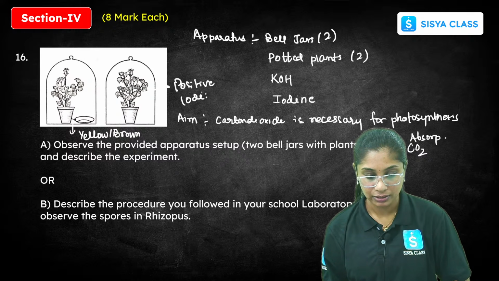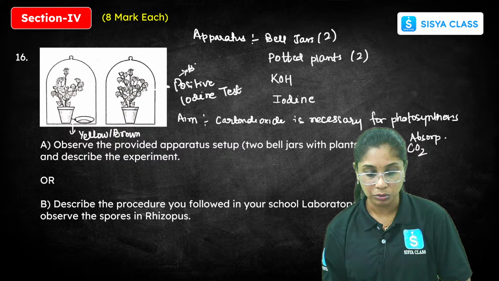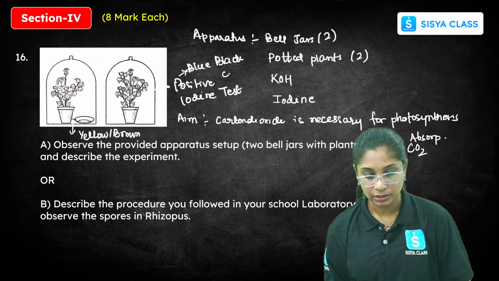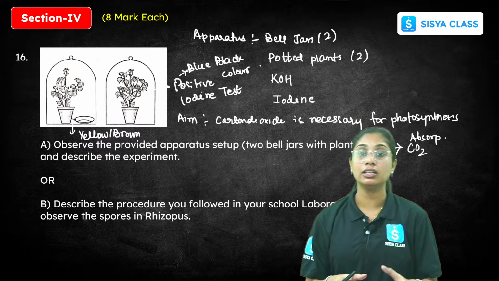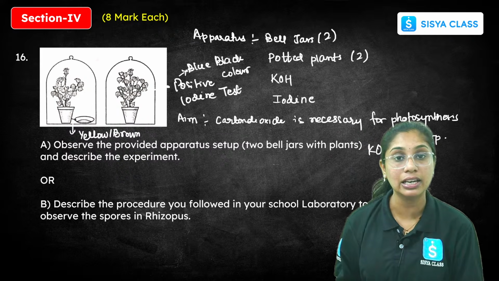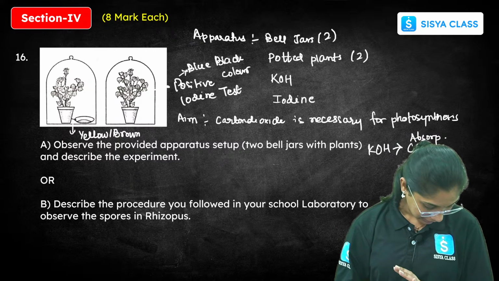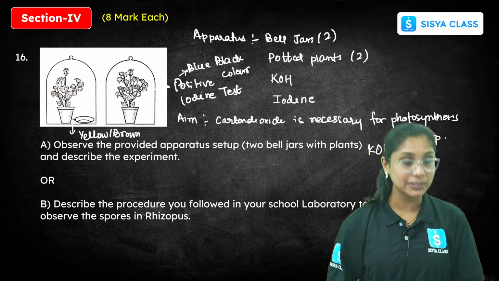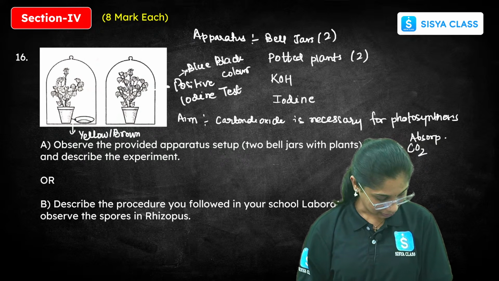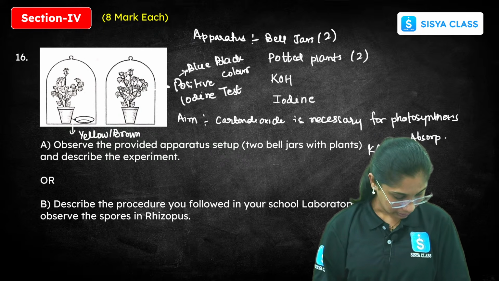A positive iodine test means it will show blue-black color. So from here, what can we conclude? We can conclude that carbon dioxide is necessary for photosynthesis. KOH absorbs carbon dioxide. So clear, everyone?